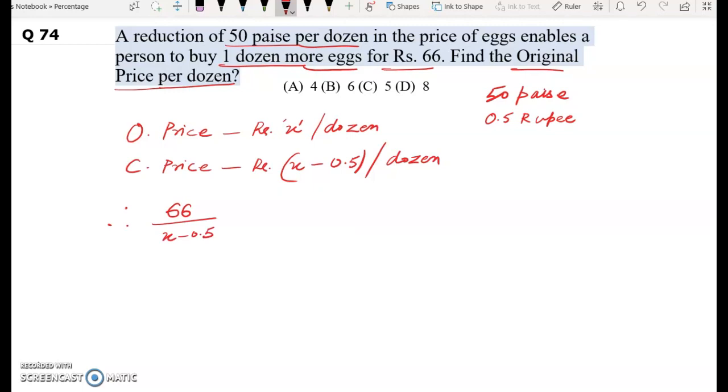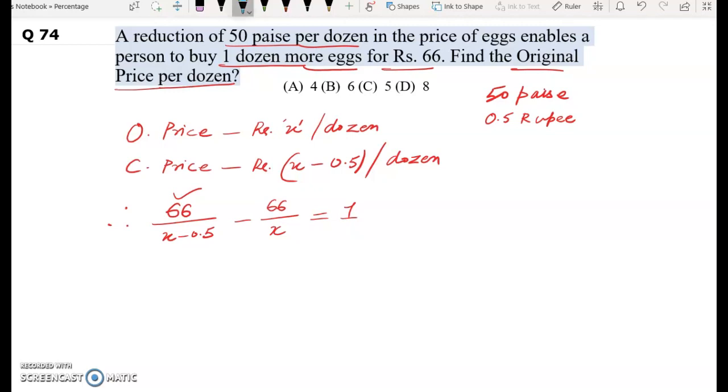So this is the current consumption, and the original consumption will be 66 divided by the original price, which is X, and the difference of these two is 1 dozen. Now we can easily solve this equation. In such type of questions, we will check with options first.